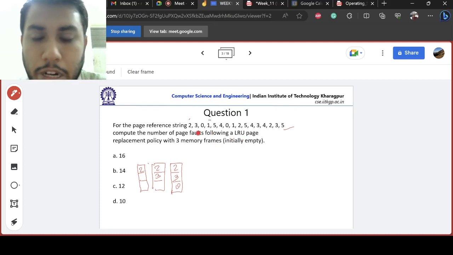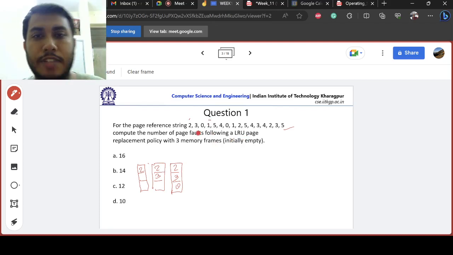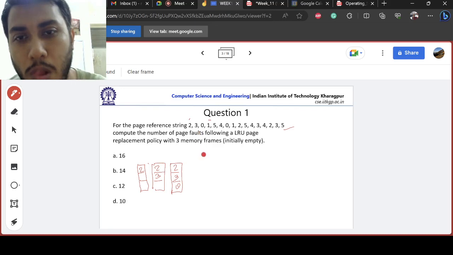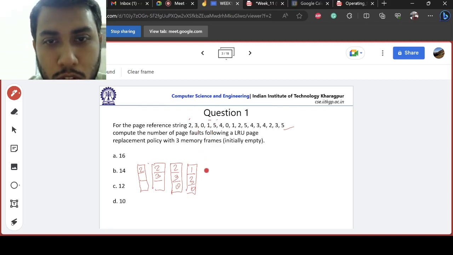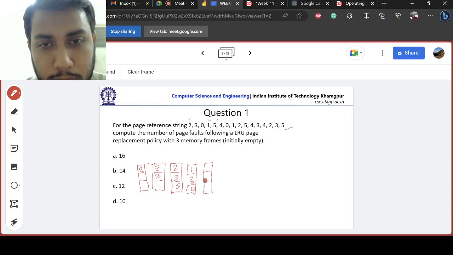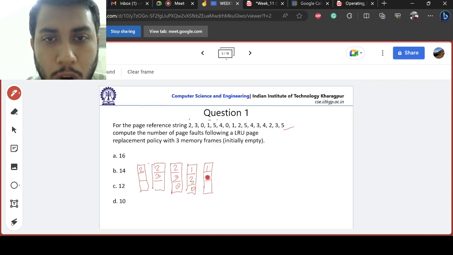Then 1 comes. Which one is the least recently used? That is 2. So 2 will be replaced, another page fault. Now frames hold 1, 3, 0. Then 5 comes. Which one was the least recently used? 3. So 3 will be replaced. Now 1, 5, 0.